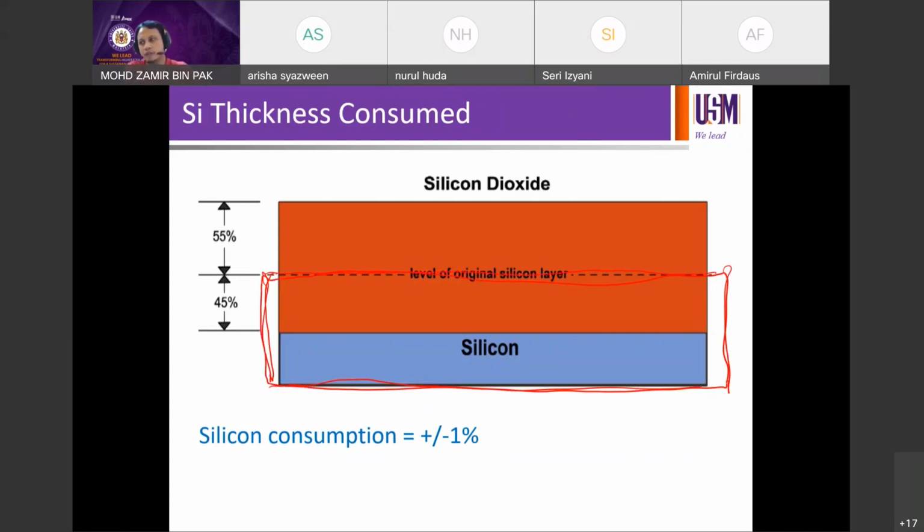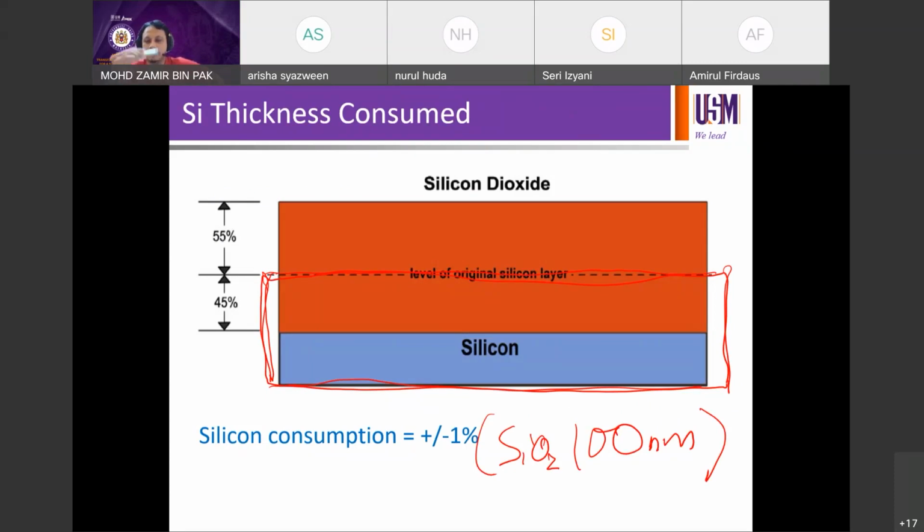Then you're going to grow, say, 100 nanometer of oxide. During the growth process, some part of the silicon will be consumed.